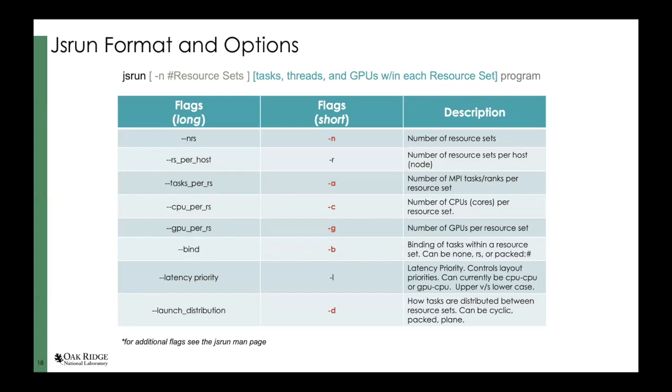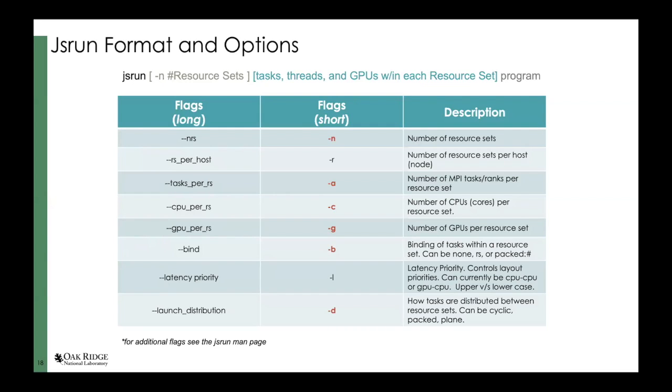For the most part, everything after that is going to simply say what a resource set looks like. So after you specify how many resource sets you want, you say, each of my resource sets will have 2 tasks, 2 physical cores, and 1 GPU, for example.